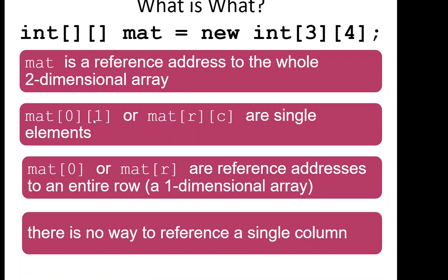If you give two indices, 0, 1, that's one element. mat[0], mat[1], or mat[2] are references to the entire row, the one-dimensional array, and there's no way to reference a column.